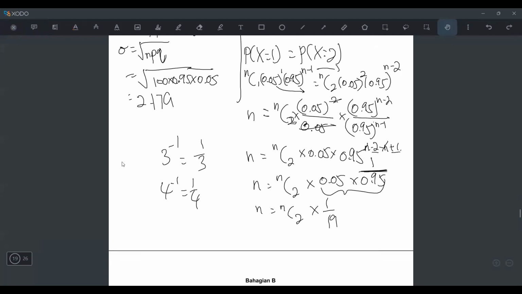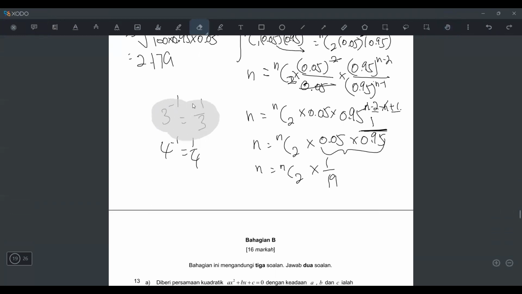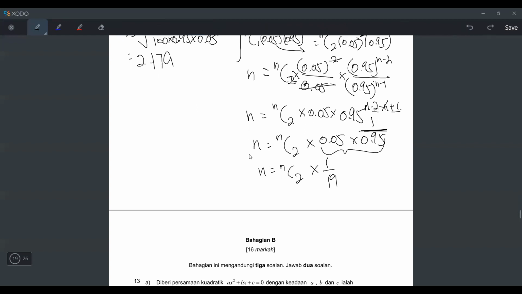Yeah, that's okay. Maybe that's just how it is. Okay, let's erase this. So now it would be, so this is n, and then this is times 1 over 19, right?